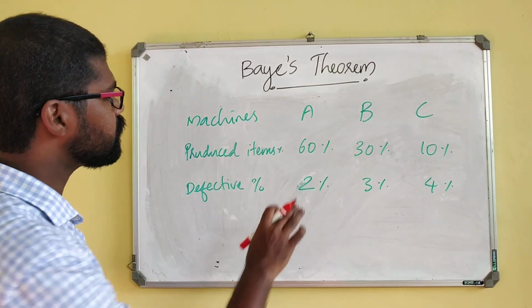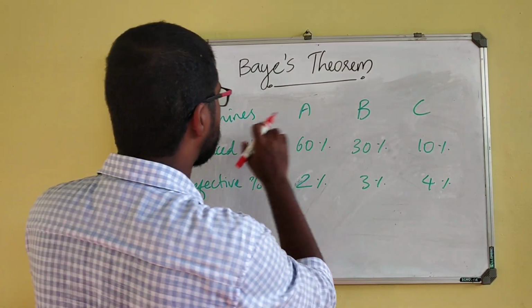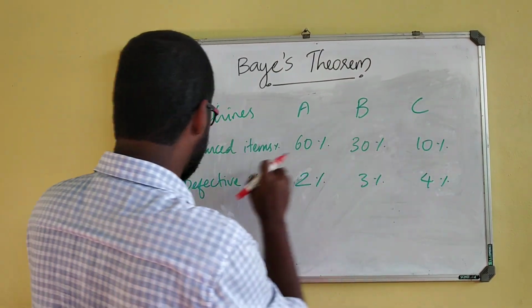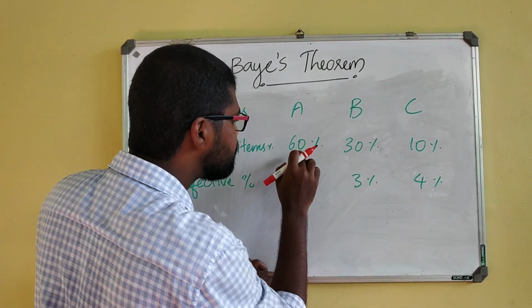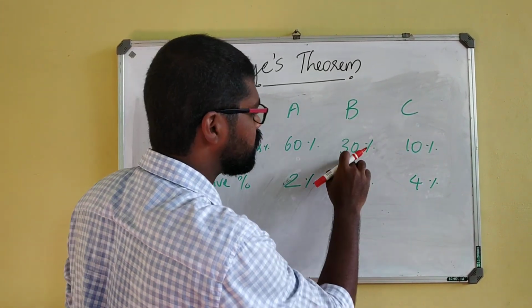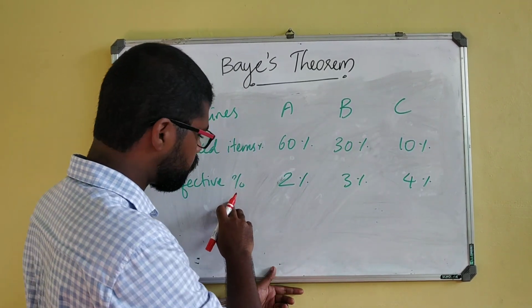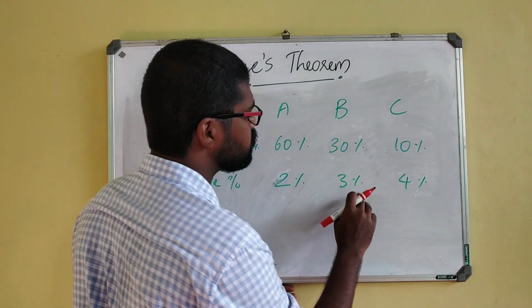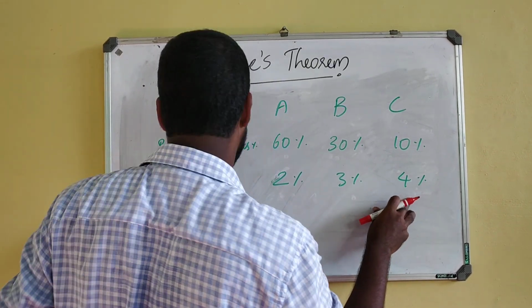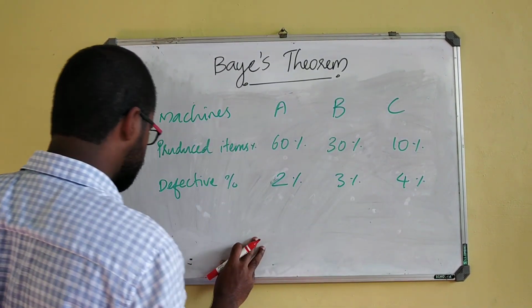So I have summarized the result. There are three machines A, B and C, and the items produced by percentage are 60% from A, 30% from B and 10% from C. And defective product percentages are 2%, 3% and 4% respectively. So let's convert this into probability.